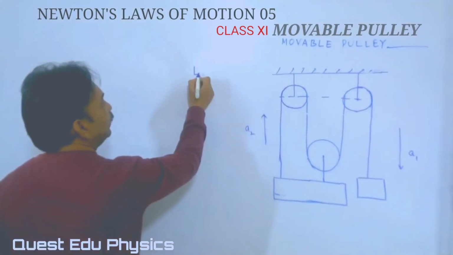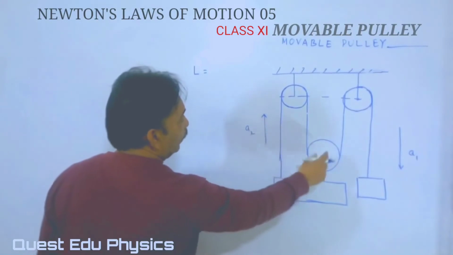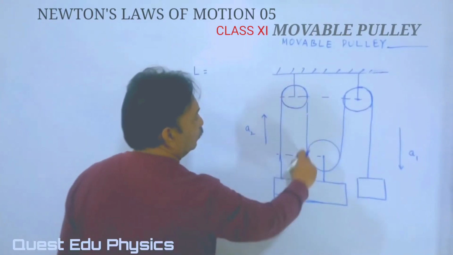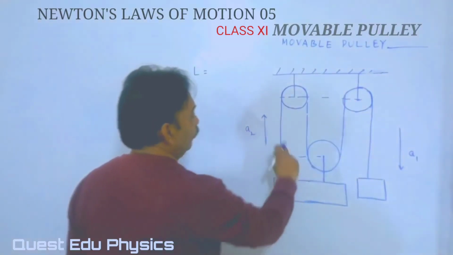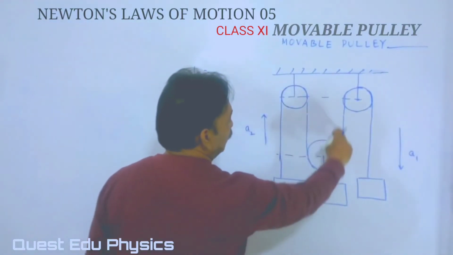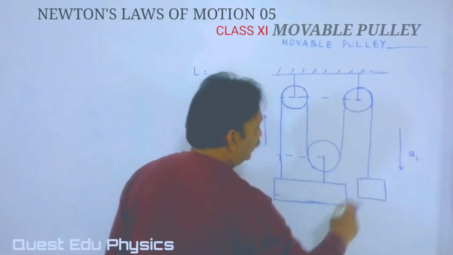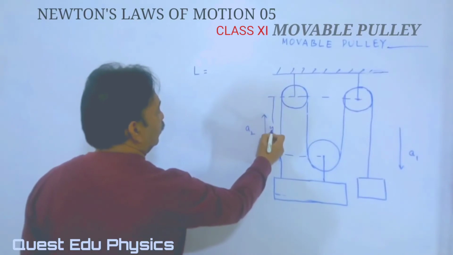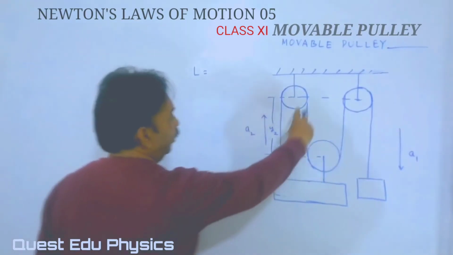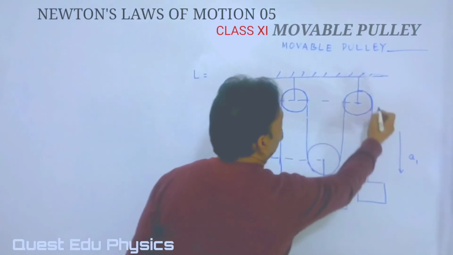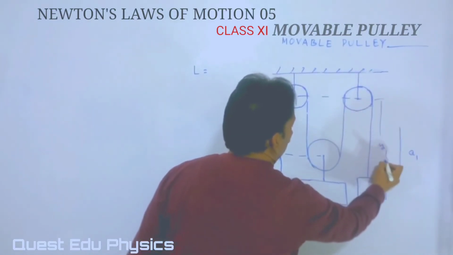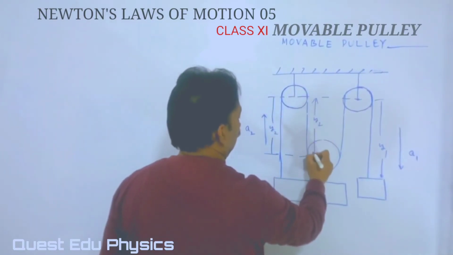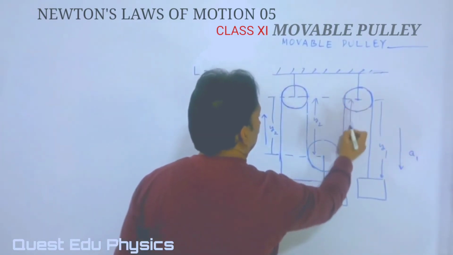Let's say the length is equal to these parts we are taking. This remains constant. 1, 2, 3. Decrease of these lengths appears to be increase in this. Let's say this part is y2, and obviously it is y2 and it is y2, and this one is y1, students.